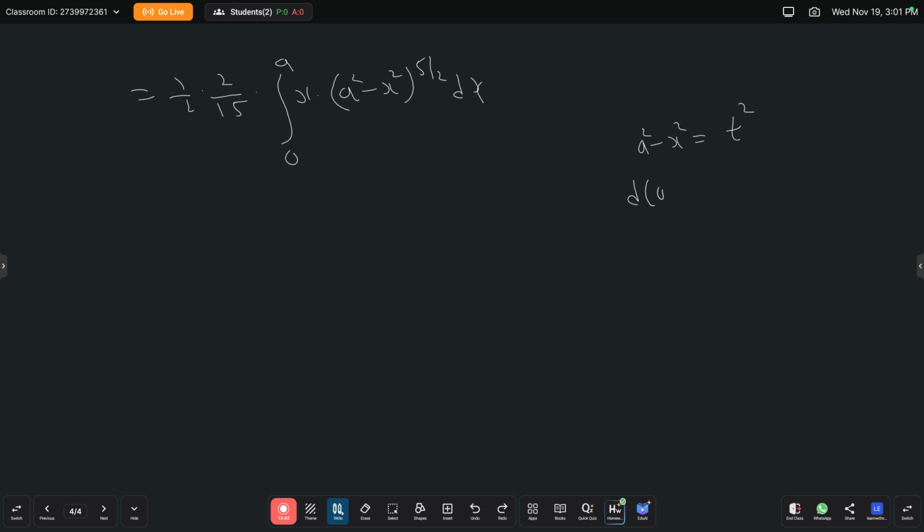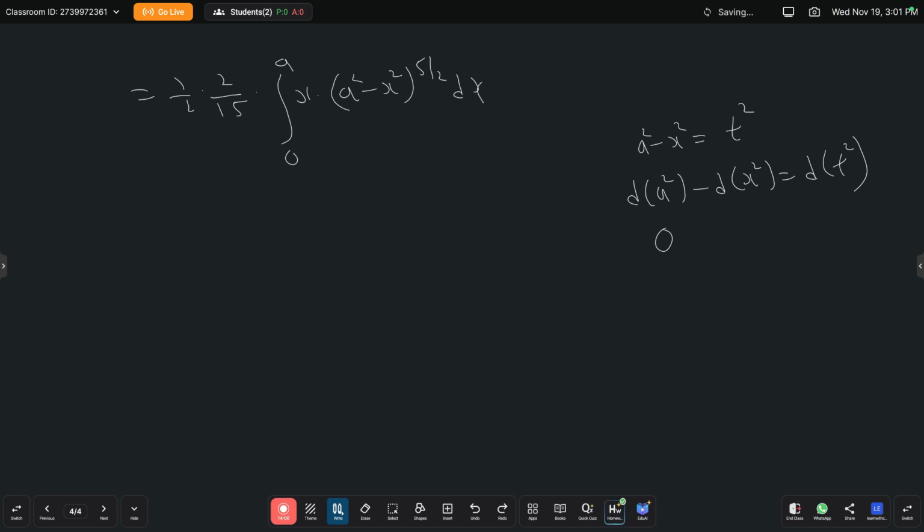Differentiating both sides: derivative of a square minus derivative of x square is equal to derivative of t square. Since a is a constant, which is the radius of the sphere, the derivative of a square is 0.